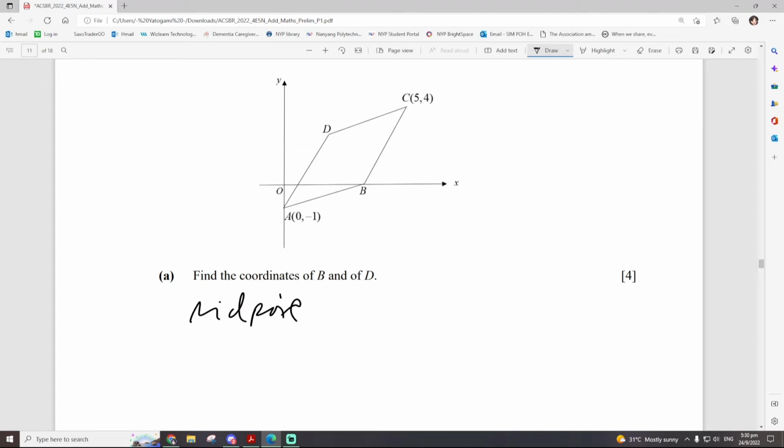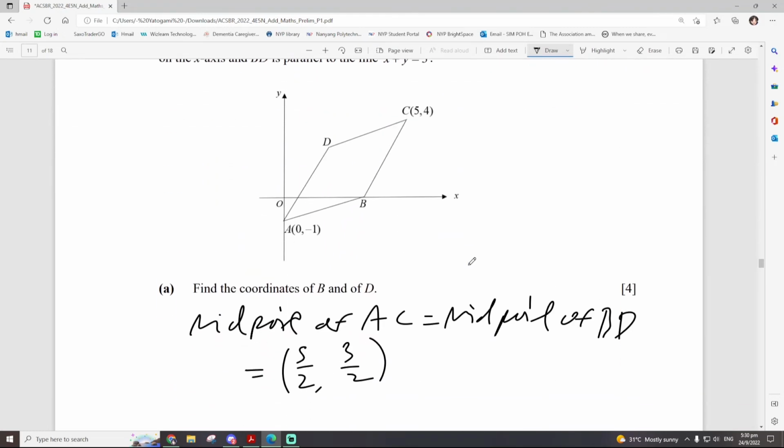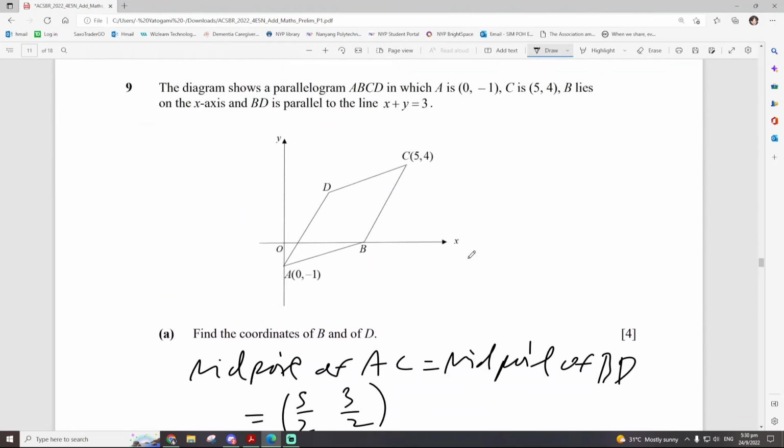Midpoint of AC, which is also the midpoint of BD, which is 5/2 and 3/2. Okay, and we can use this on x plus y equals 3.